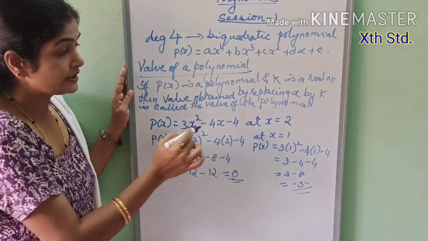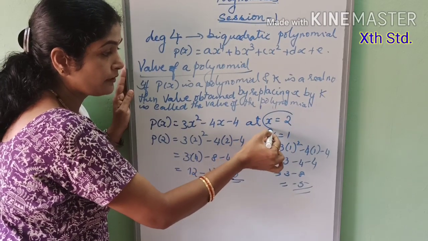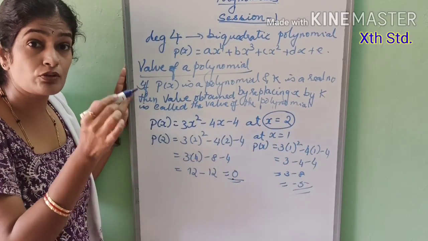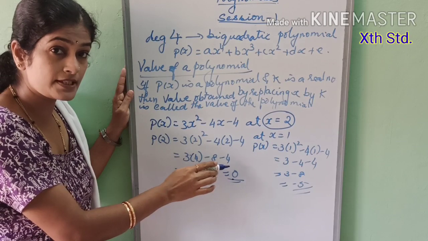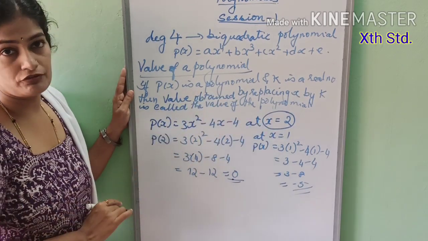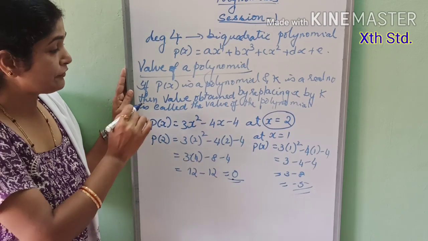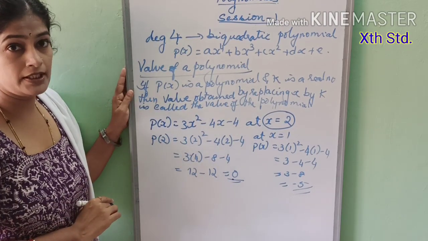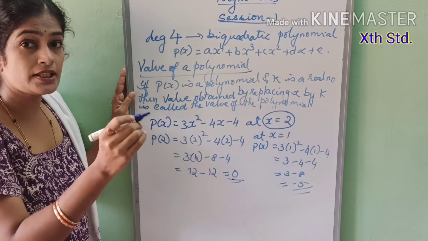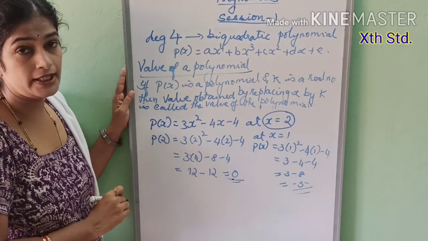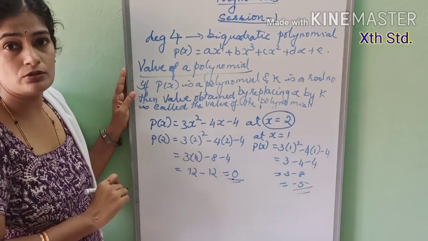Yes. So, that value of x for which the polynomial becomes 0 is the zero of the polynomial. Okay. In other words, how do we define it? If P of x is a polynomial, then k is said to be the zero of the polynomial if P of k is equal to 0.